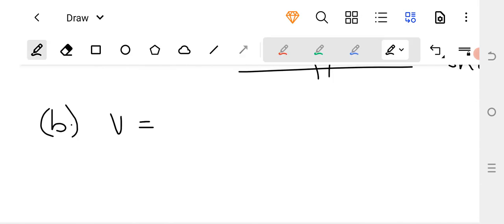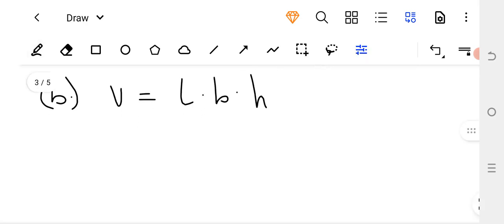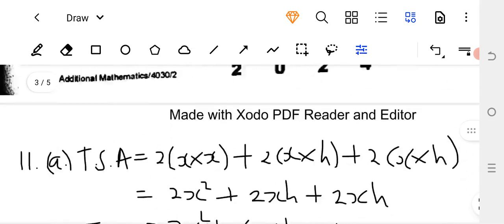Volume of the cuboid, we know, is length times breadth times height. In this particular case, we can say the length is h, the breadth is x, the height is also x. You can take this h as the length, but this x can also be your length.